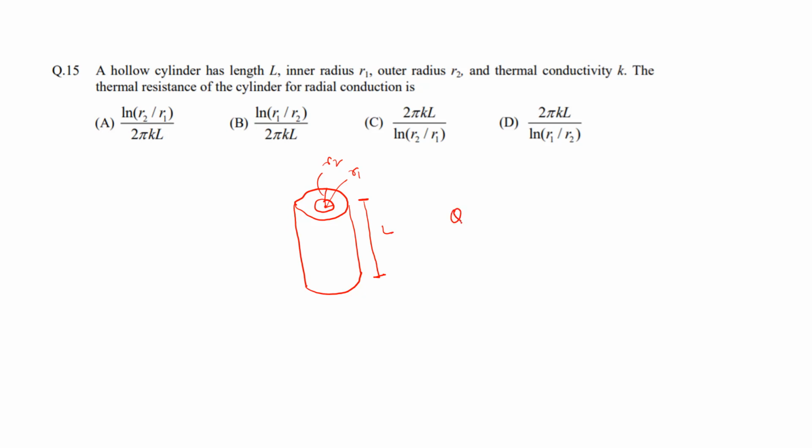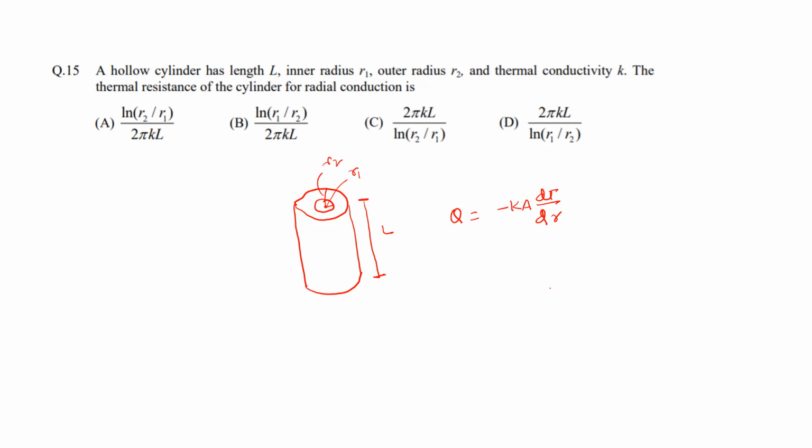So we know that Q is equal to minus K dT upon dx. Here the distance is radial, so we can write dT upon dr. Q is equal to minus K, and the area is also there.